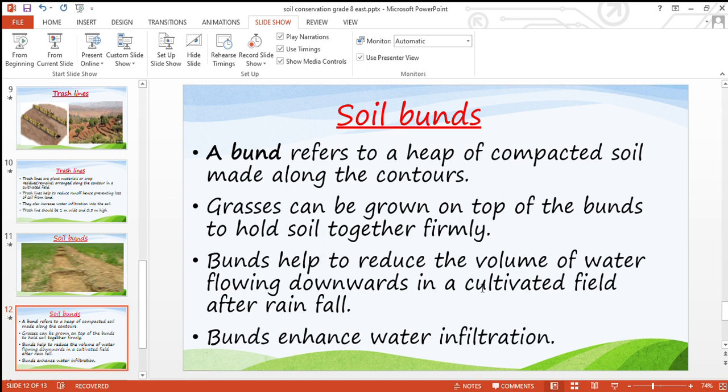Be audible. Very good, girl. When it rains, some water goes down into the soil. That is water infiltration. I've said that you can use your own words to explain water infiltration. Any other explanation in your own words? That is good.